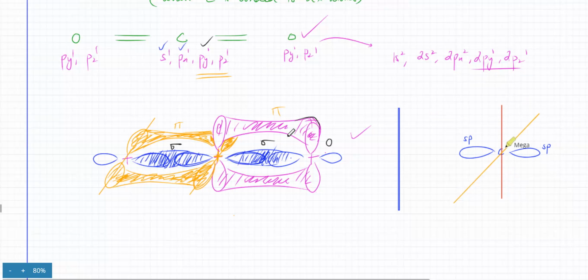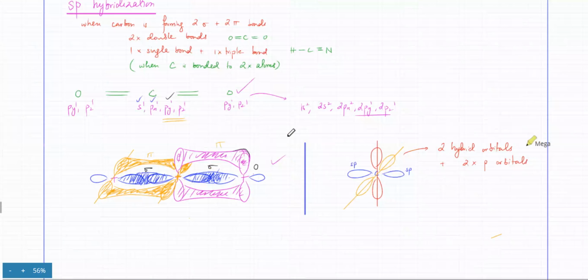So there's going to be a p orbital over here. So two hybrid orbitals formed, plus two p orbitals. Okay, Amal, do you get this point?